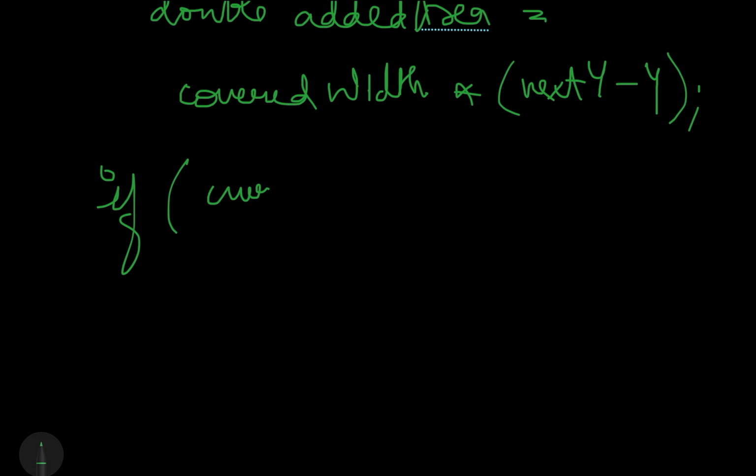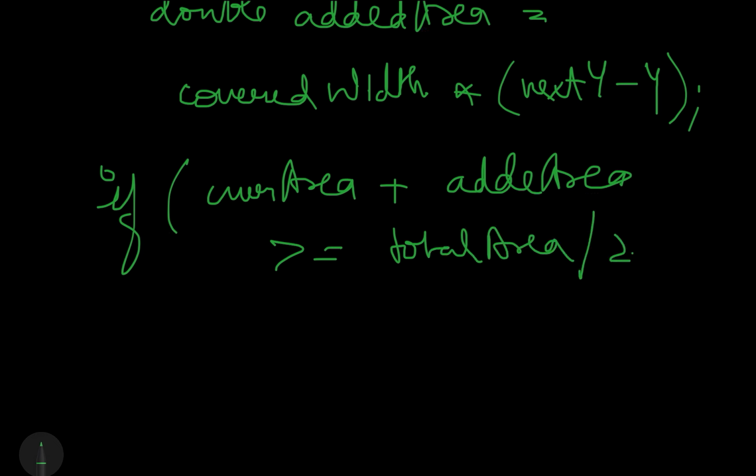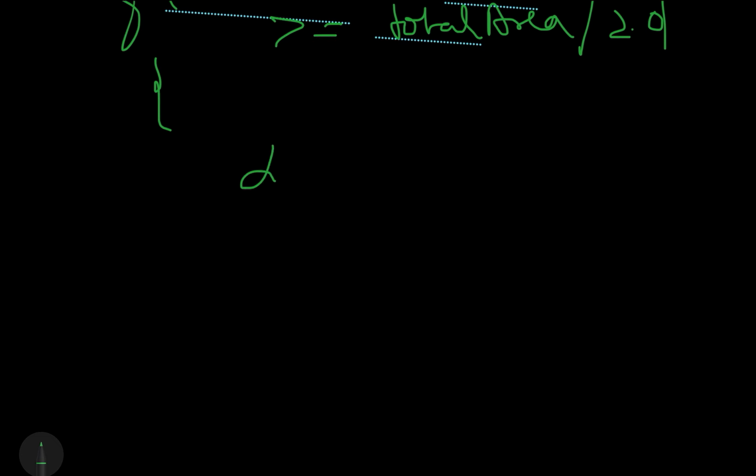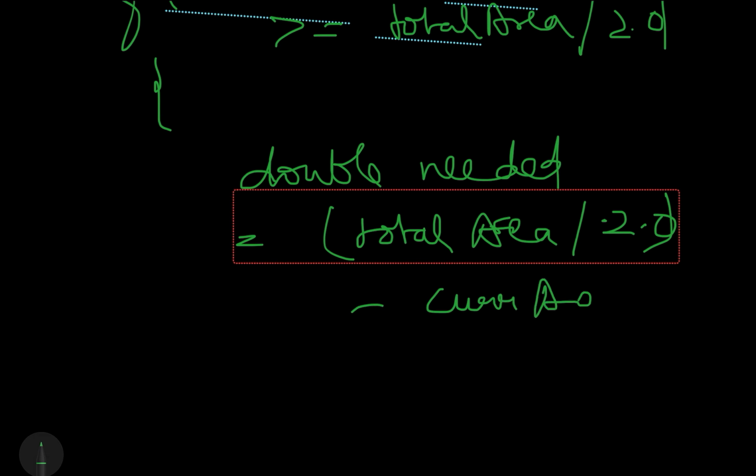And finally, if our current area plus added area is greater than or equal to total area by 2, because we have to cut it into half, then the needed area is total area minus current area.